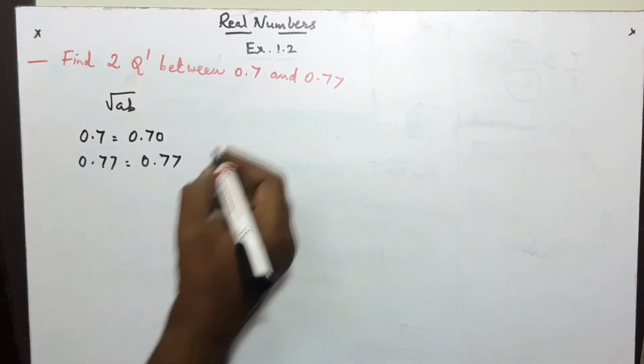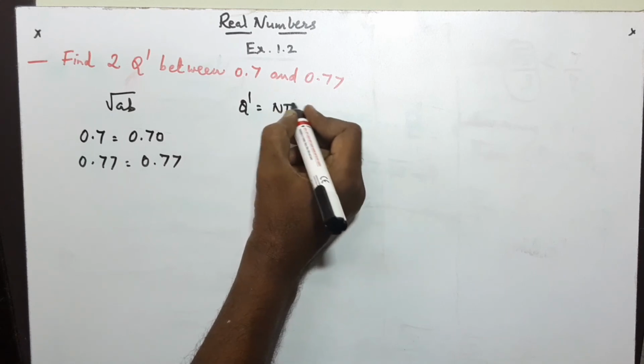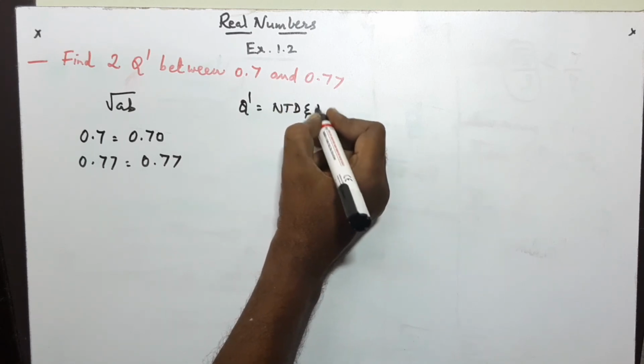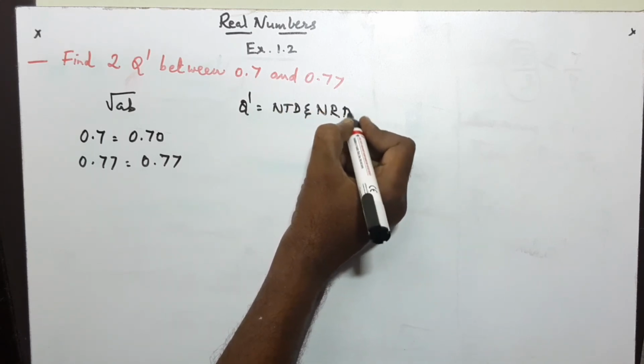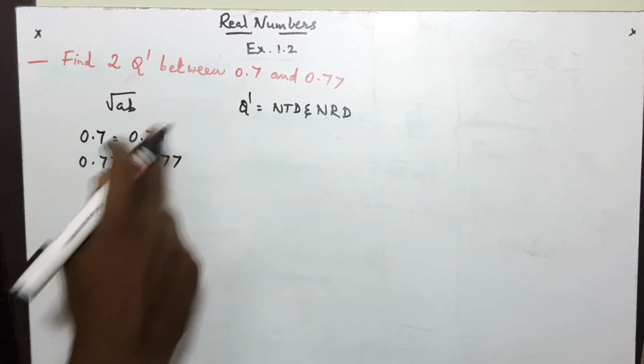It is nothing but a non-terminating, non-recurring decimal, meaning the same number should not repeat after the decimal.